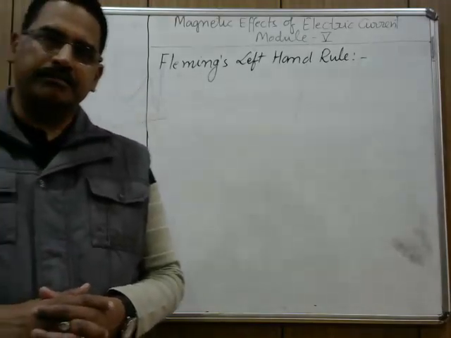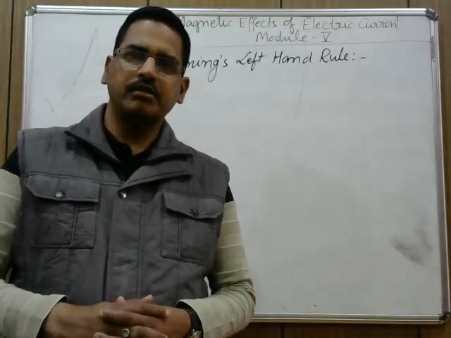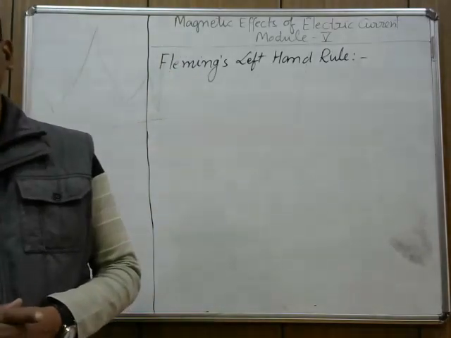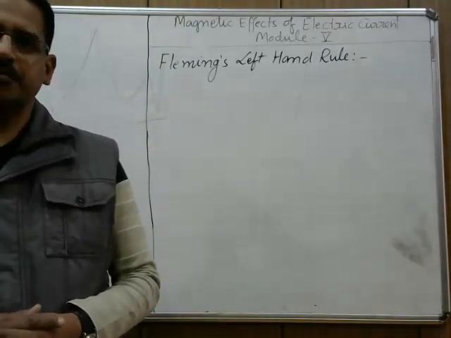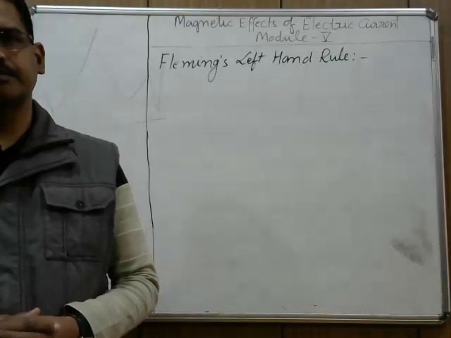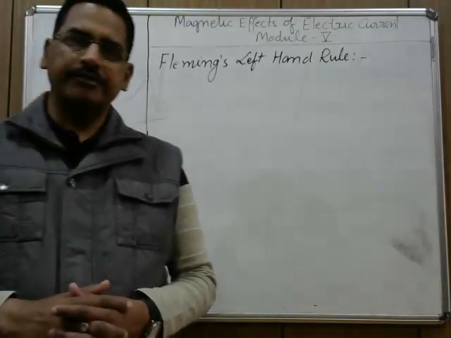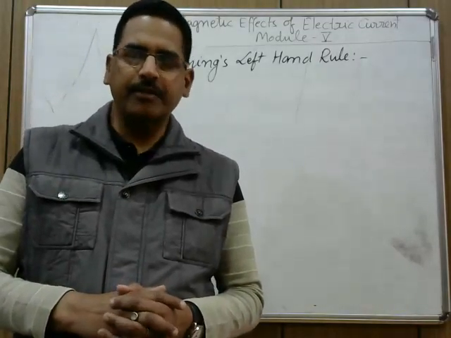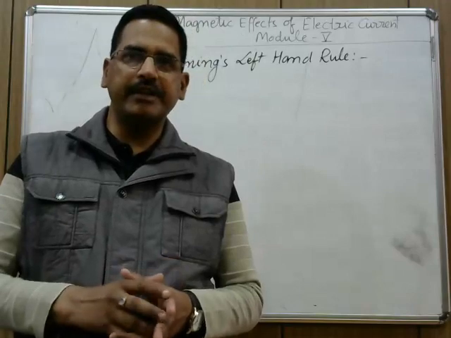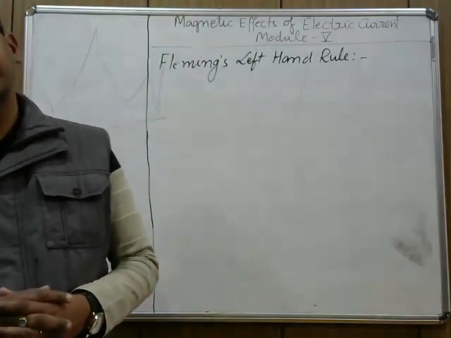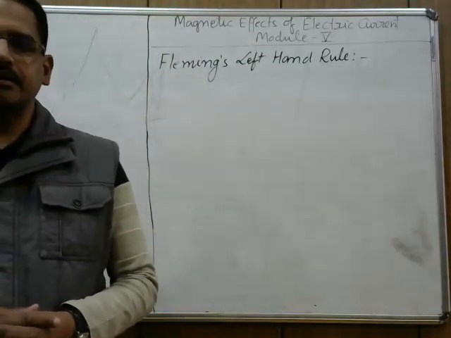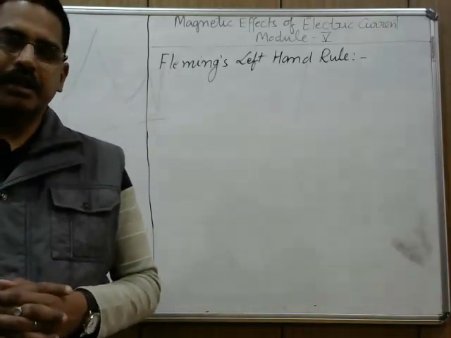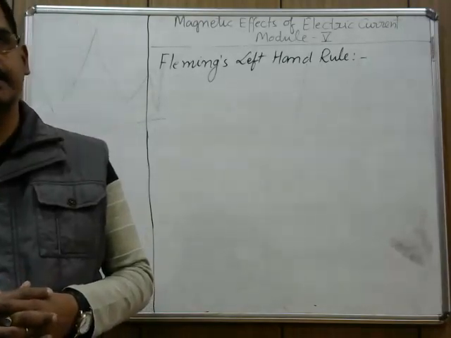It states that if you stretch thumb, forefinger and middle finger perpendicular to each other, and the forefinger is indicating the direction of magnetic field and the middle finger is pointing in the direction of electric current, then the thumb will give you the direction of force on the current carrying conductor.